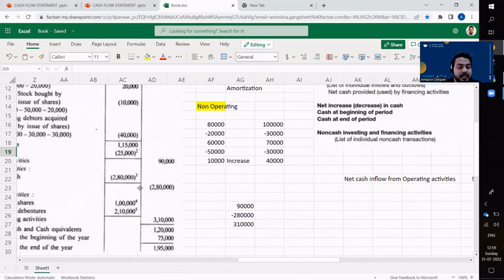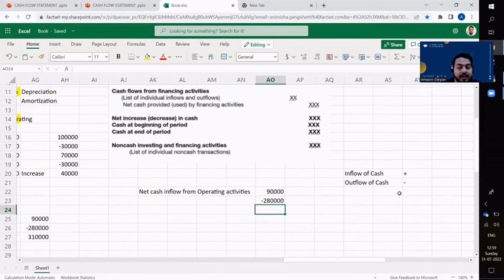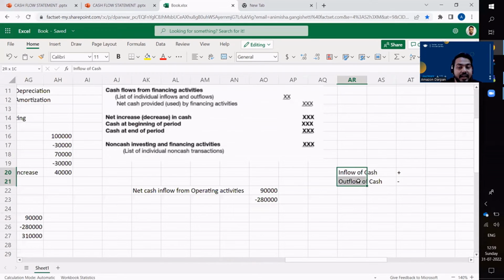Now we'll note this down, because once we have done the operating activity part, now we have to do the investing activity part. In investing, the amount that has come is minus 2,80,000. Now one rule, if you remember: if there is an inflow of cash, a positive sign comes; outflow of cash means money went out of the pocket for the machine, which means you have paid for that machine, which is 2,80,000.